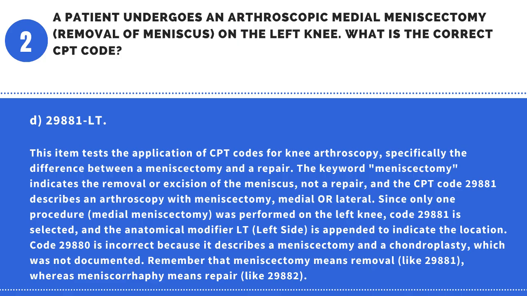Since only one procedure, medial meniscectomy, was performed on the left knee, code 29881 is selected, and the anatomical modifier LT, left side, is appended to indicate the location. Code 29880 is incorrect because it describes a meniscectomy and a chondroplasty, which was not documented. Remember that meniscectomy means removal, like 29881, whereas meniscorrhaphy means repair, like 29882.